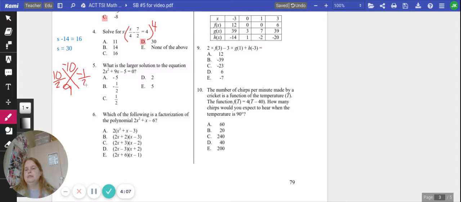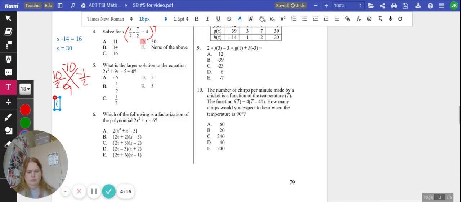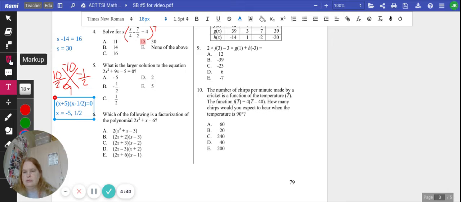And since it's asking about a solution, I can write these as 10 divided by 2 is x plus 5. And the other one, negative 1 divided by 2 is x minus a half. And again, since it's saying something about a solution, I'm going to set those equal to 0. So I get x is negative 5 and positive 1/2 for my answers. And the bigger solution is 1/2 because it's the positive one.